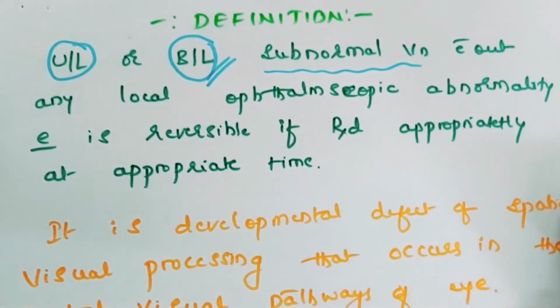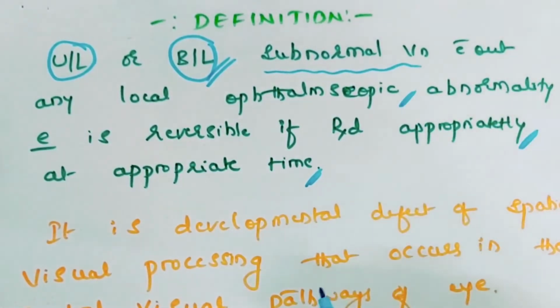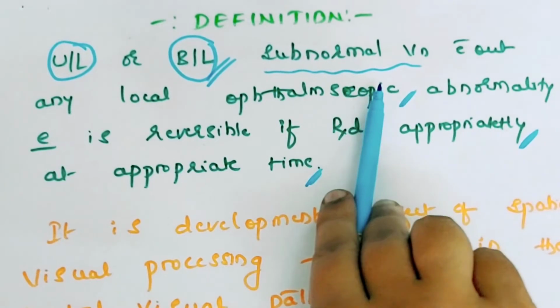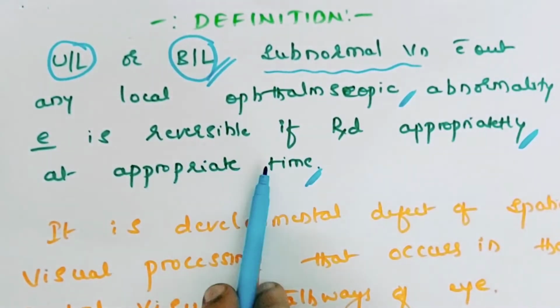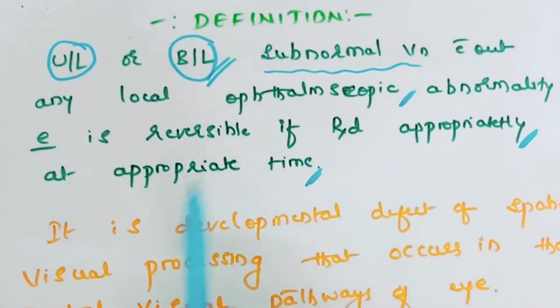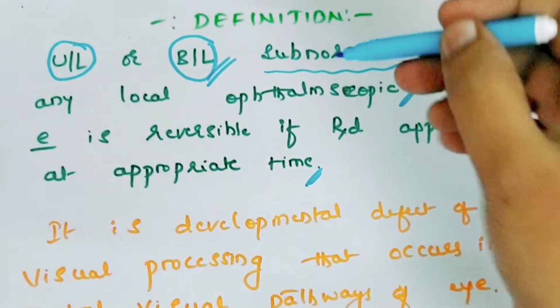But if you examine the patient, there is no obvious ophthalmoscopic abnormality seen, and it is reversible if treated at the appropriate time and with the appropriate methods. So, unilateral or bilateral subnormal vision without any local ophthalmoscopic abnormality, which is reversible if treated appropriately at the appropriate time.